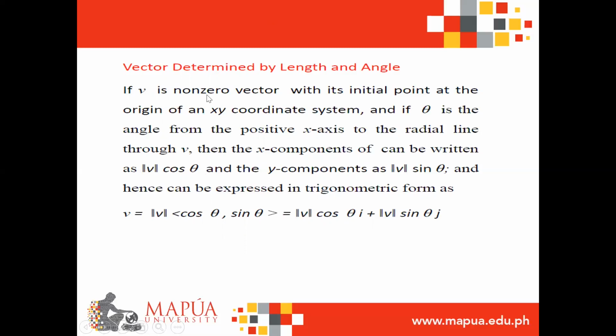It says here, if vector v is a non-zero vector with its initial point at the origin of an xy coordinate system, and if angle theta is the angle from the positive x-axis to the radial line through vector v, then the x component can be written as magnitude of v cosine theta and the y component as magnitude of v sine theta, and hence v can be expressed in trigonometric form as v equals magnitude of v cosine theta, sine theta, also equal now to magnitude of v cosine theta i plus magnitude of v sine theta j in ijk or ij format.